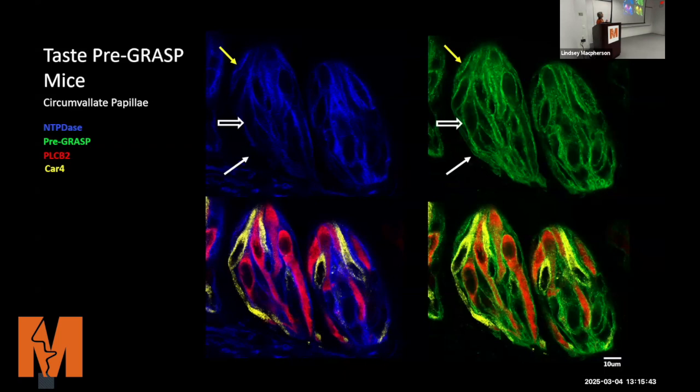In this mouse, a pan-TRC GRASP, we can see expression in the PLC beta 2 cells here in red, the CAR4 cells here looking yellowish and co-expressing with green, and NTPDase staining the type 1 cells. So in all of the type 1, 2, and 3 cell types, we can get GRASP expression.